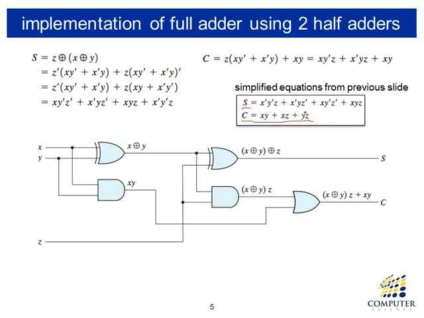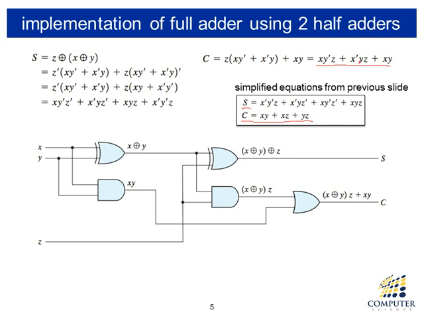But we manipulate the equation for carry a little bit differently. So here is the one. Between the two, this is a simplified expression and then this expression, they are functionally equivalent. So whether it's simplified or not is only the difference.